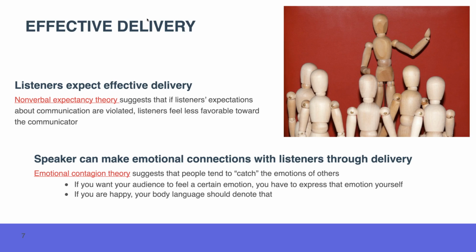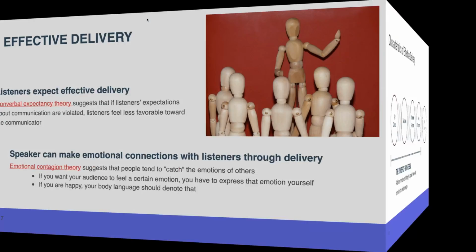If you're happy or sad and your body language is displaying that, that is the emotion the audience is going to catch as well. So that theory is called the emotional contagion theory. People tend to catch the emotion of others.